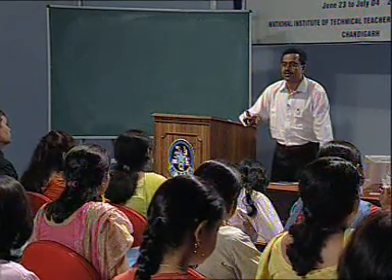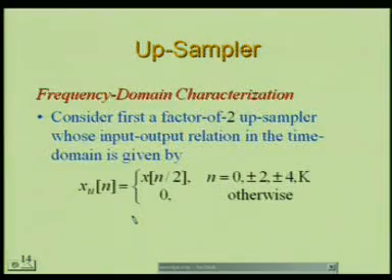Mathematically, we can prove that both the systems, I mean the downsampler and the upsampler, are linear systems, but they are time varying systems. Then we should have frequency domain characterization.